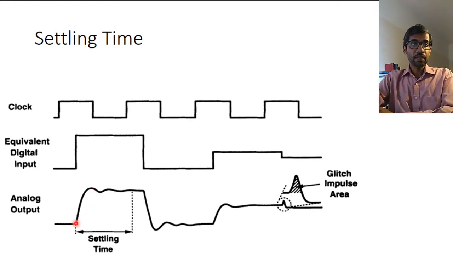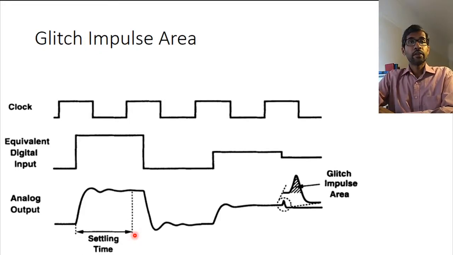The time that it takes for the analog output to settle down to its final analog value is called the settling time. Sometimes when you have an analog output, you have glitches in the DAC output, and the glitch impulse area tells you how big that glitch is.